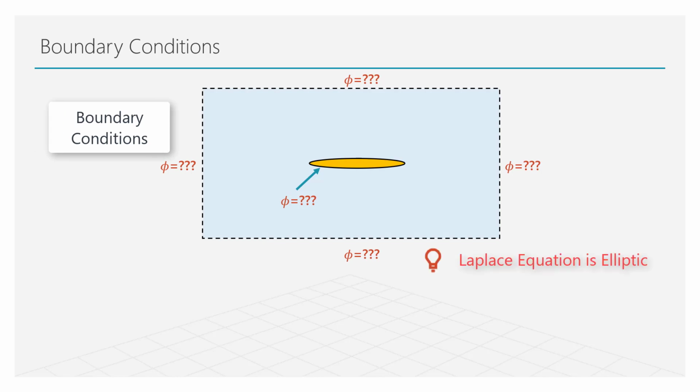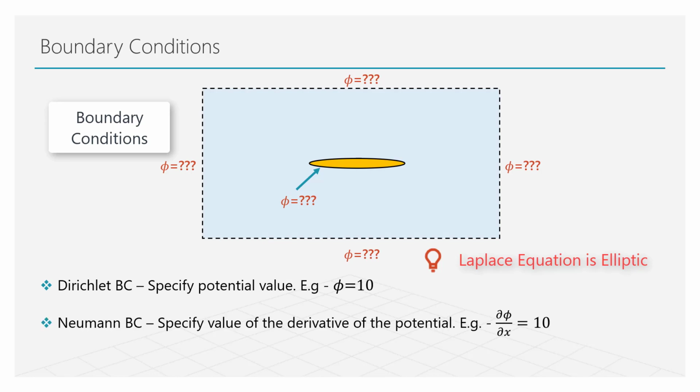For such equations, there are two types of boundary conditions that can be specified. One, a Dirichlet condition, where we directly provide the value of the potential. Two is the Neumann condition, where we specify the derivative of the potential. You must be thinking, how do I know which boundary condition to specify? Well, let me explain that using an example.